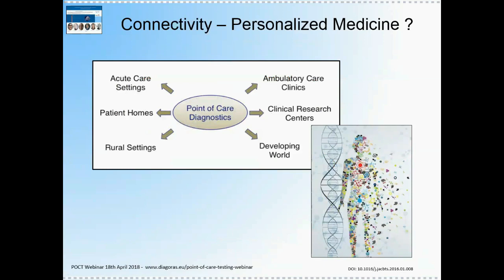And we can build up this kind of personalized medicine approach to healthcare. So we can work towards personalized medicine. So connectivity is very important. I think it's something that's maybe lacking at the moment, where developers should also be concentrating.